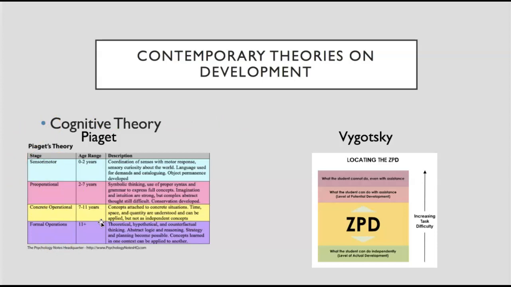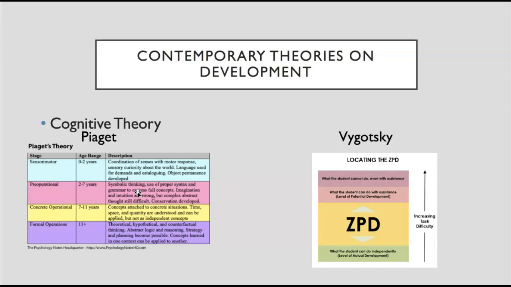And these include the sensory motor stage, in which the child is learning about their environment and developing through their senses and their movements. And this occurs during the first 2 years of life. In the pre-operational stage, the child starts to use symbolic thought.